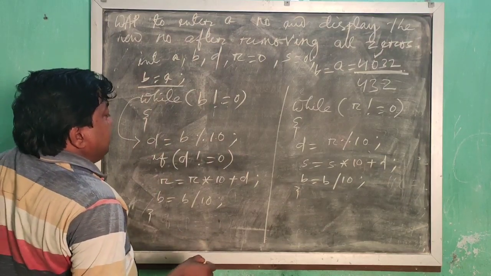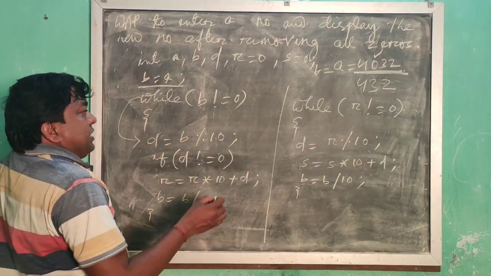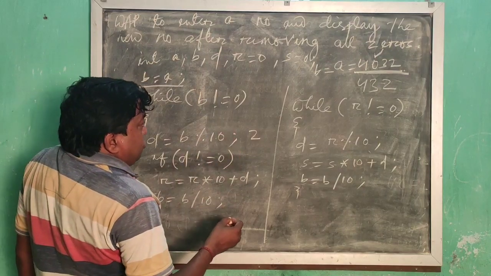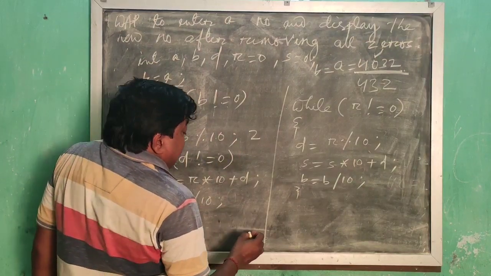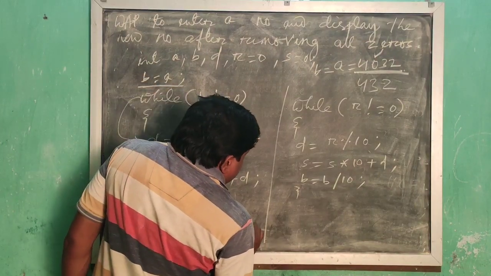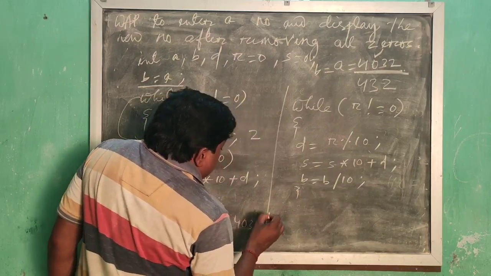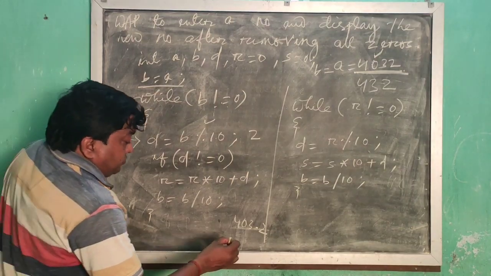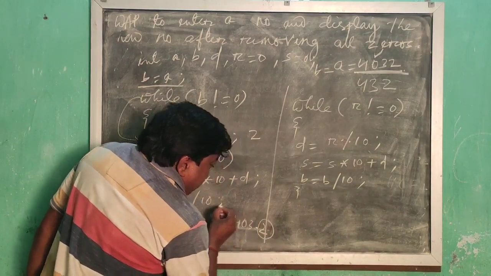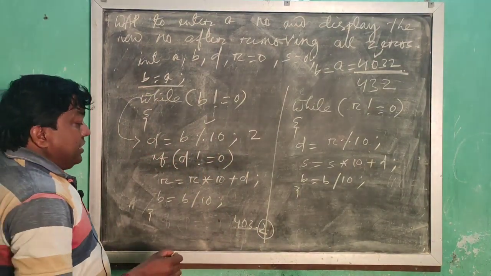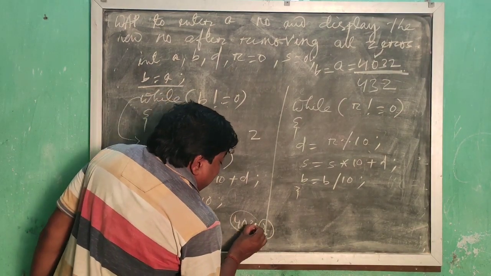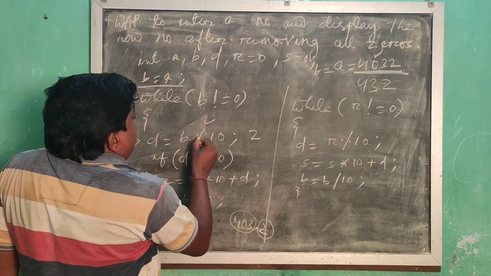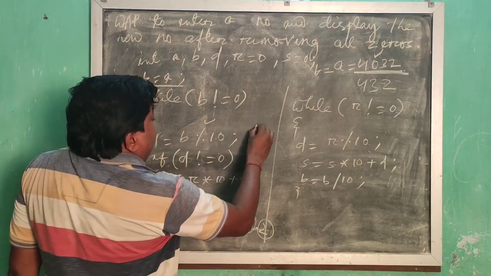Then if we divide by 10, 4032 divided by 10 will be 403.2. Here we have written the percent sign, so with percent we take the remainder part. If divide, then we take the integer part. Okay, then d equal to b modulo 10, result will be 2.